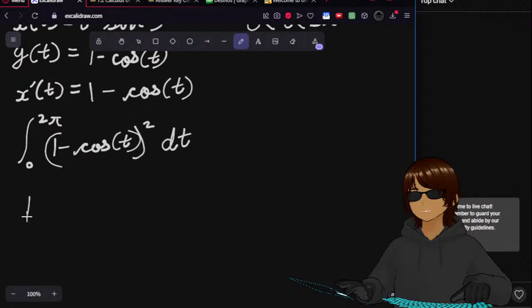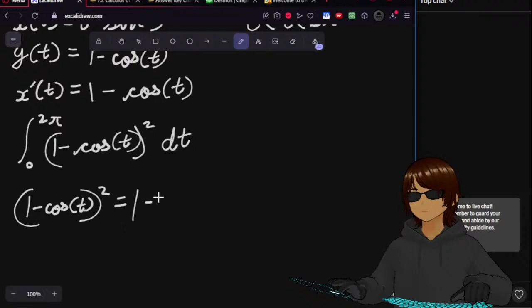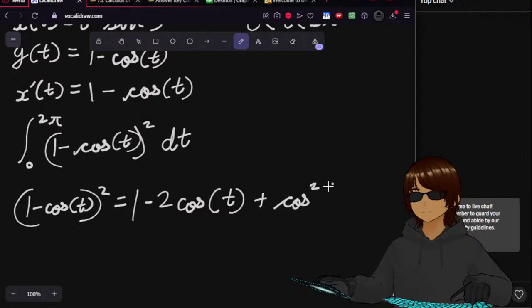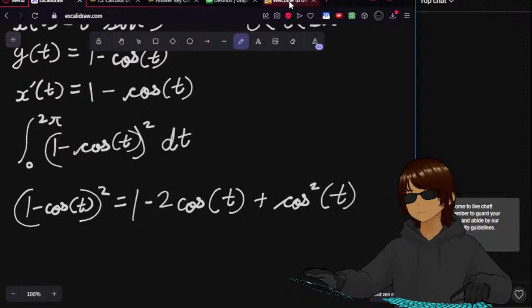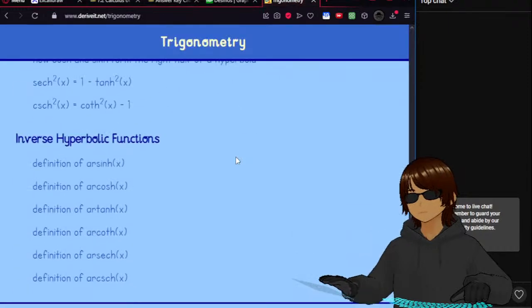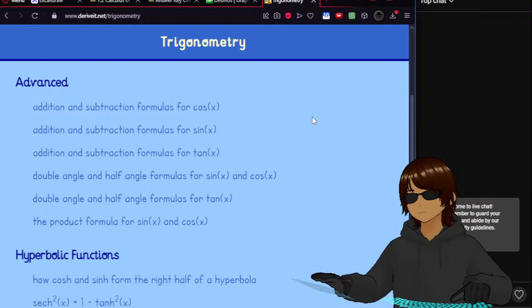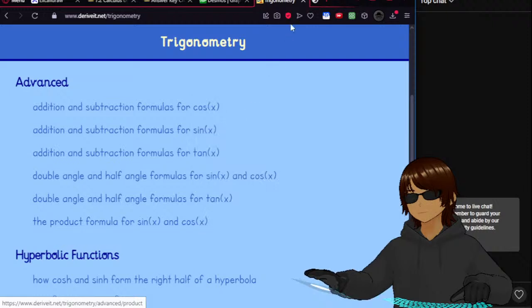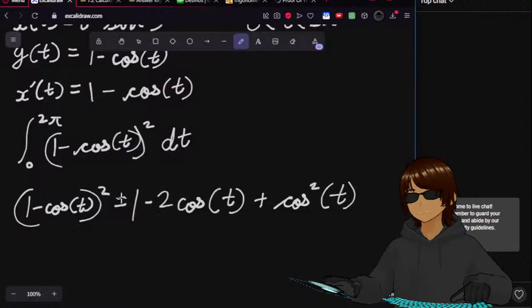Wait, if I expand this, I get 1 plus cos square t. This part looks familiar.